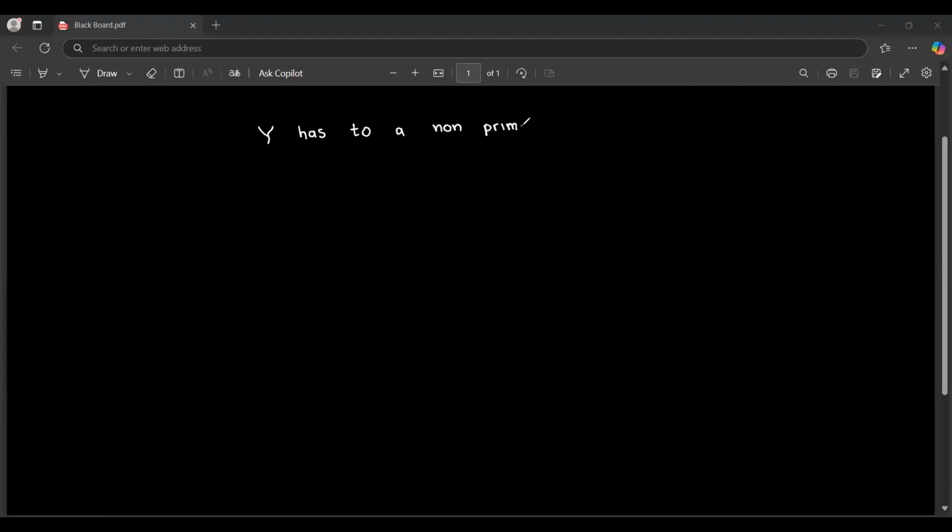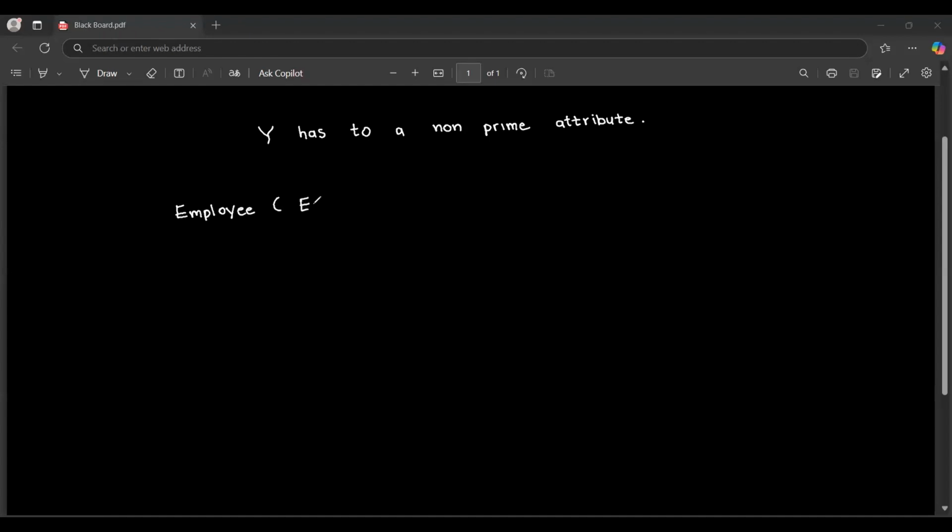Here you have to keep in mind that Y has to be a non-prime attribute. Why is that? If Y is a candidate attribute, we don't consider it a transitive dependency. Let's say we have an employee table.